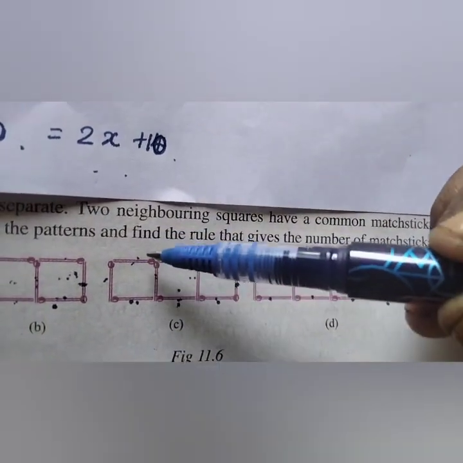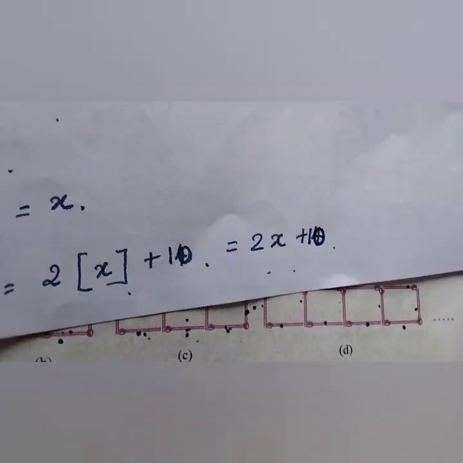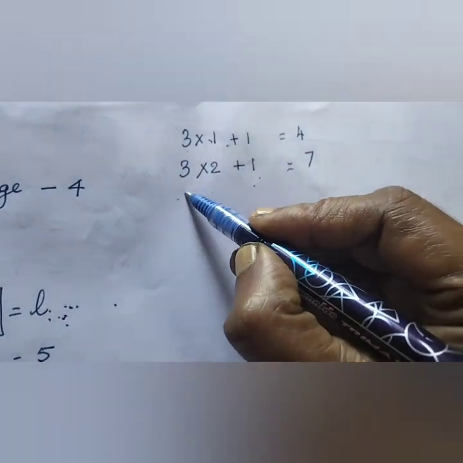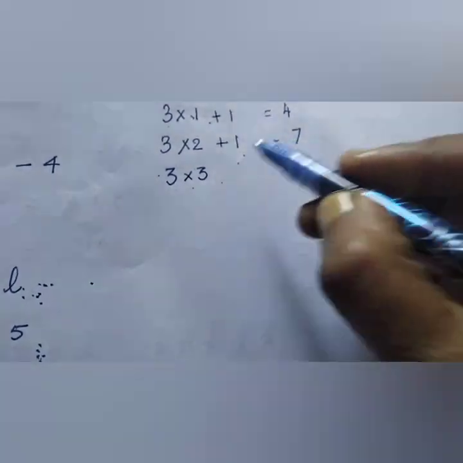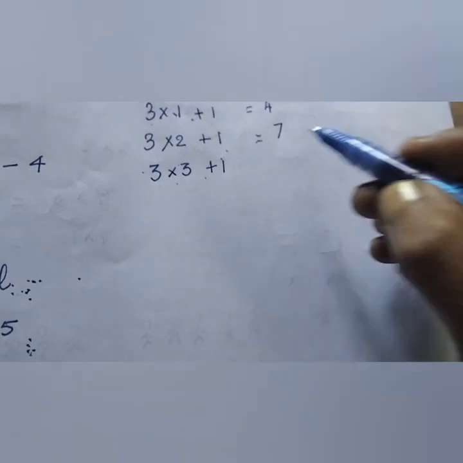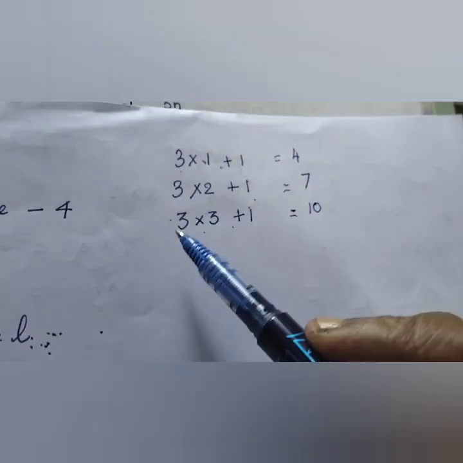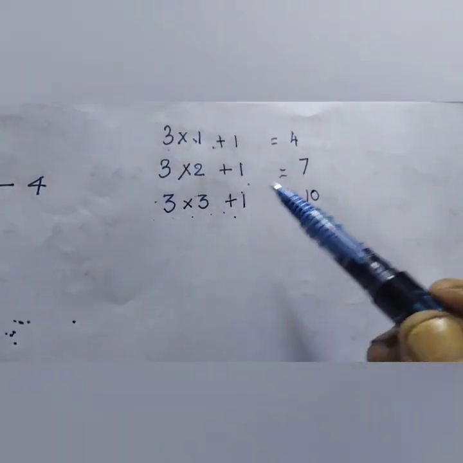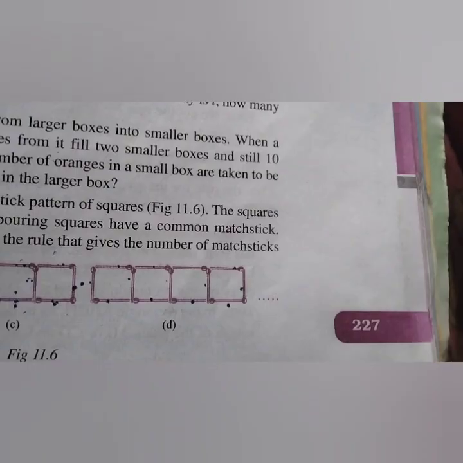Look at this. 1, 2, 3, 1, 2, 3, 1, 2, 3. So it can be written as 3 sticks for 3 squares, 3 into 3 plus 1. 3 into 3 is 9, 9 plus 1 is 10.